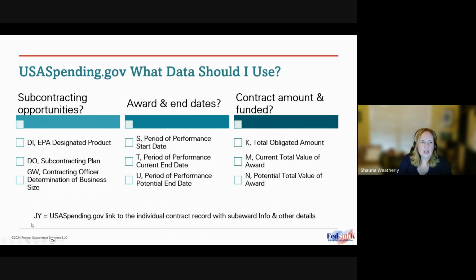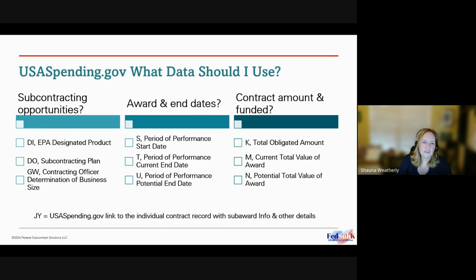There's also subcontracting opportunities. There's some columns that'll tell you whether or not there are opportunities. If you're a supplier, you can find out if the contract requires EPA designated products. You can then market to sell those products to the awardee, not even just for this, but maybe for even some of their other work. Column DO talks about subcontracting plans, whether or not a plan is required, and if it was an individual or commercial plan.